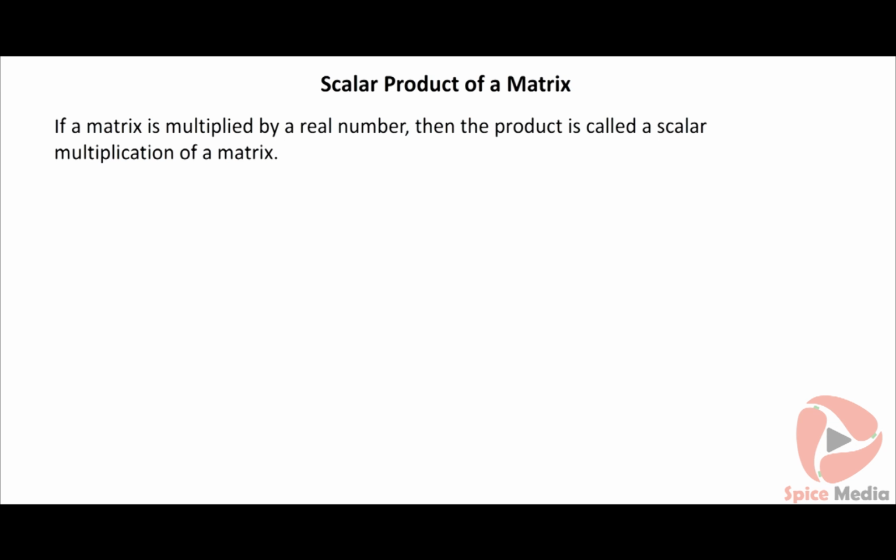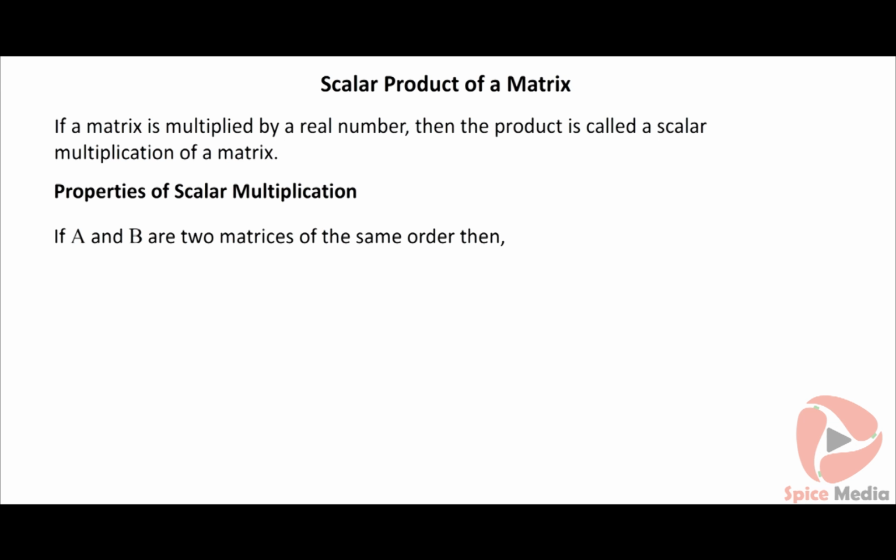Scalar product of a matrix. If a matrix is multiplied by a real number, then the product is called a scalar multiplication of a matrix. Here are the properties of scalar multiplication.